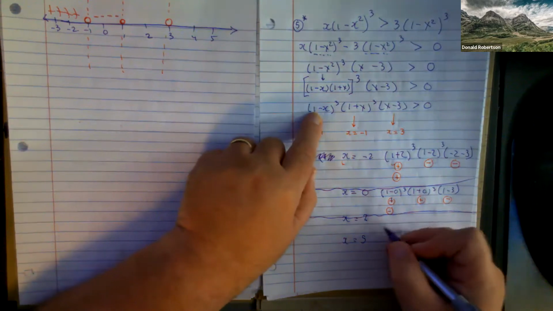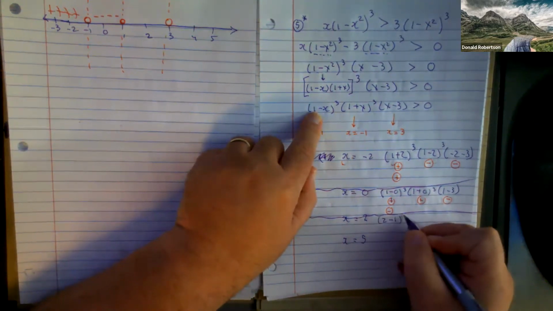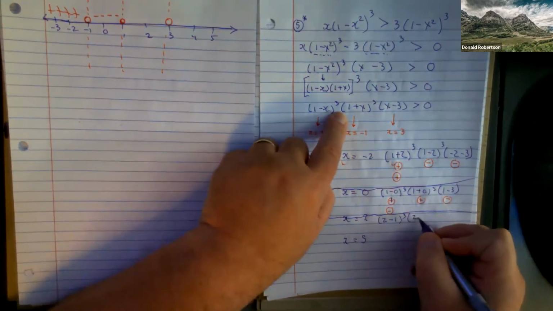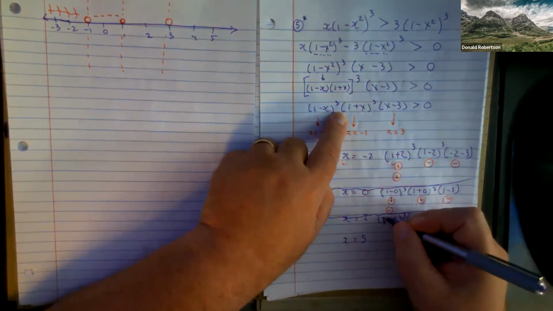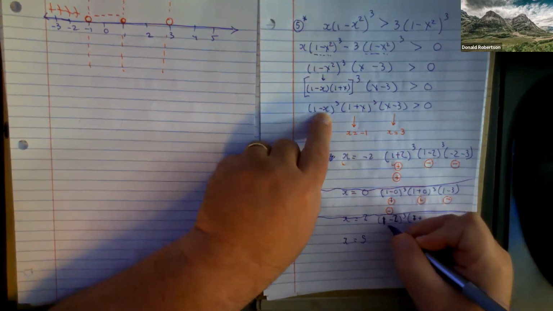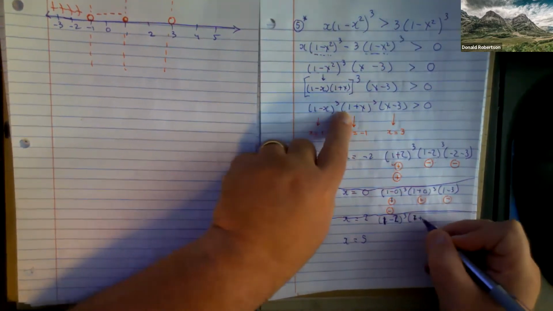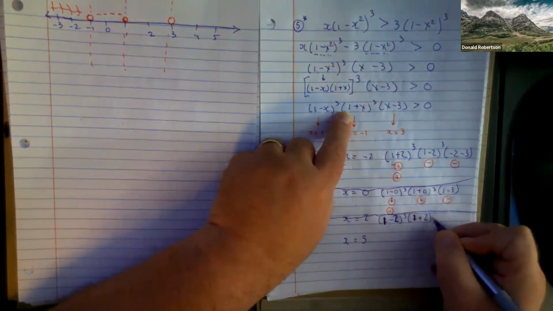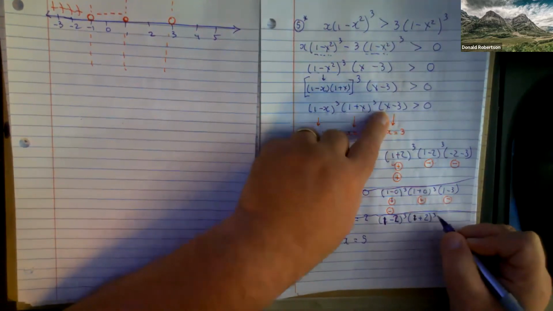Go to x = 2 as our next one. Let's do this again. (1 − 2)³, (1 + 2)³.